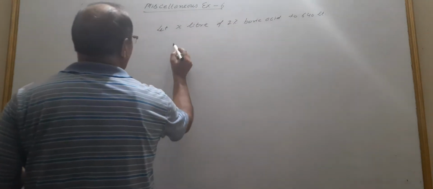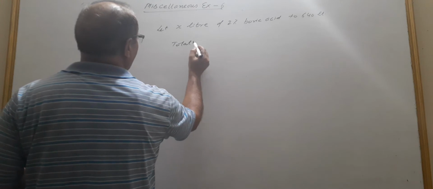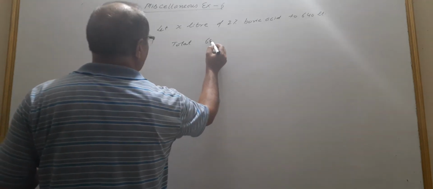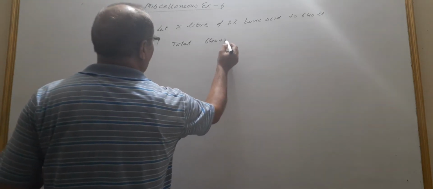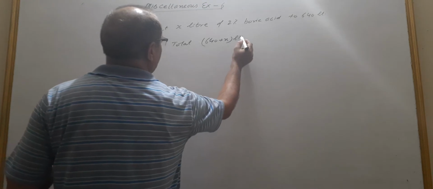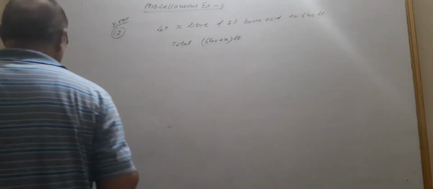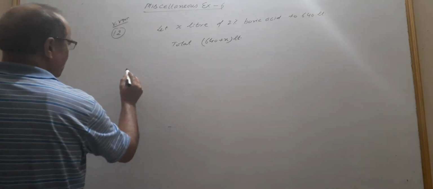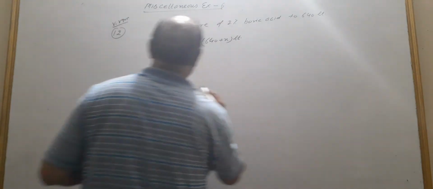So by the question, the total mixture becomes 640 plus x liters. Now according to the statement, this always lies between 4% to 6%.